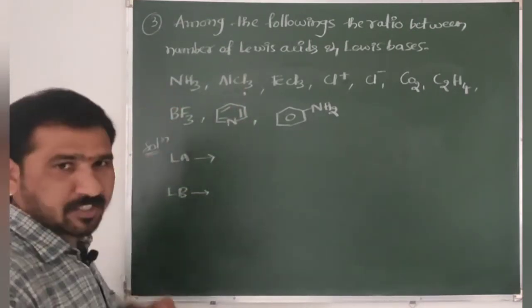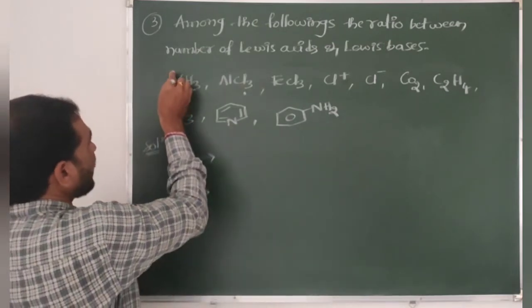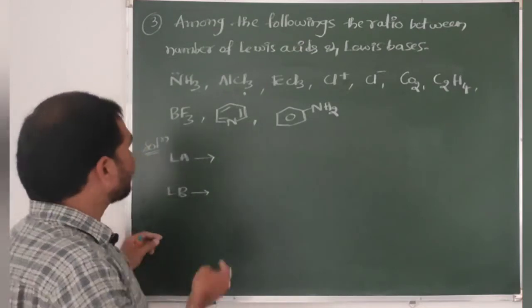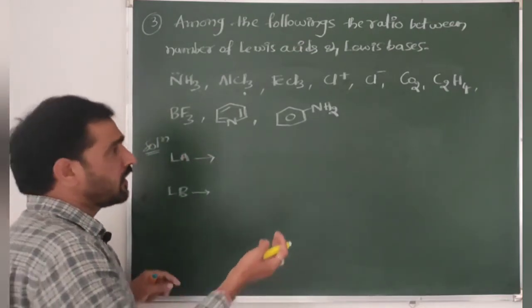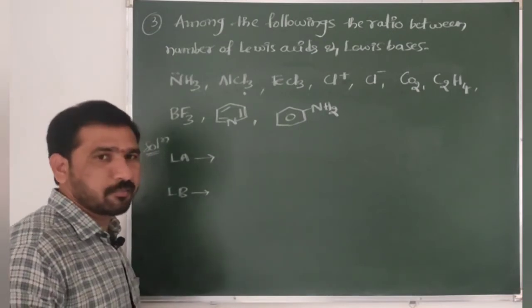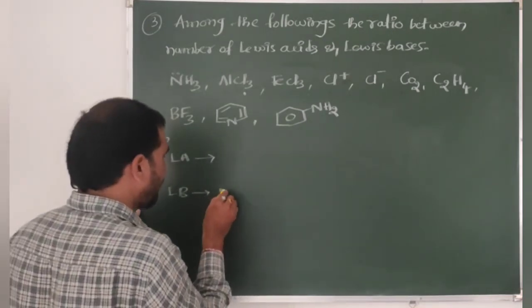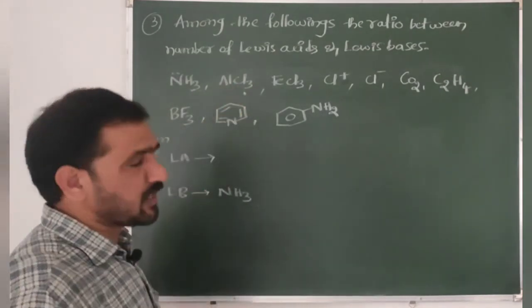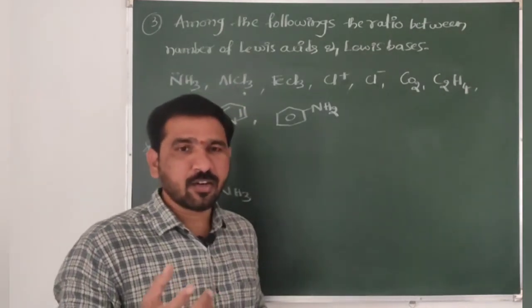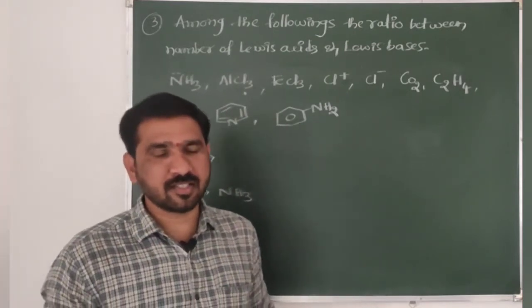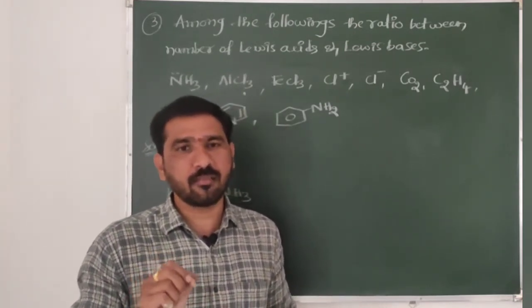Coming to the first one, NH3. If you see NH3, over nitrogen one pair of electrons is there, ready for donation. So that is the electron pair donor. According to the Lewis acid-base concept, an electron pair donor is a base. So that is a Lewis base. Then coming to AlCl3. Al is surrounded by 3 chlorine atoms by 3 covalent bonds, each constructed by 2 electrons, or 1 pair.